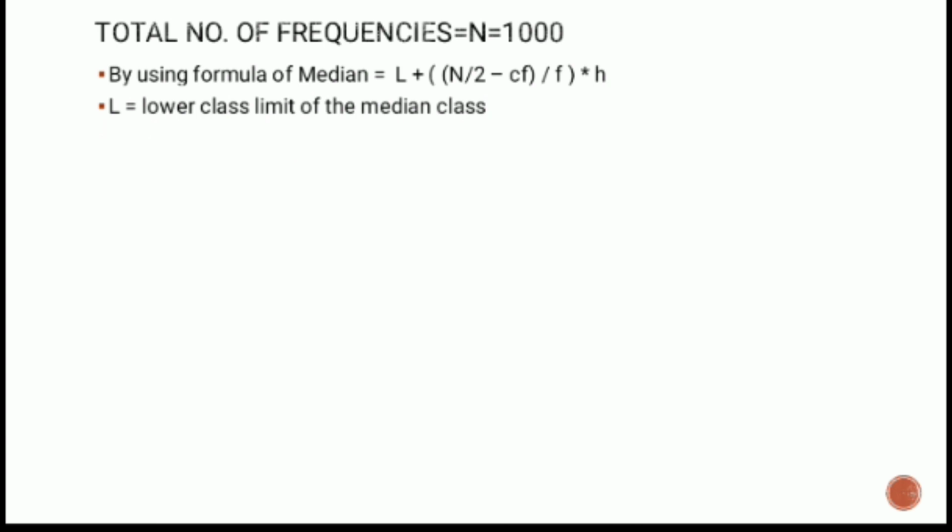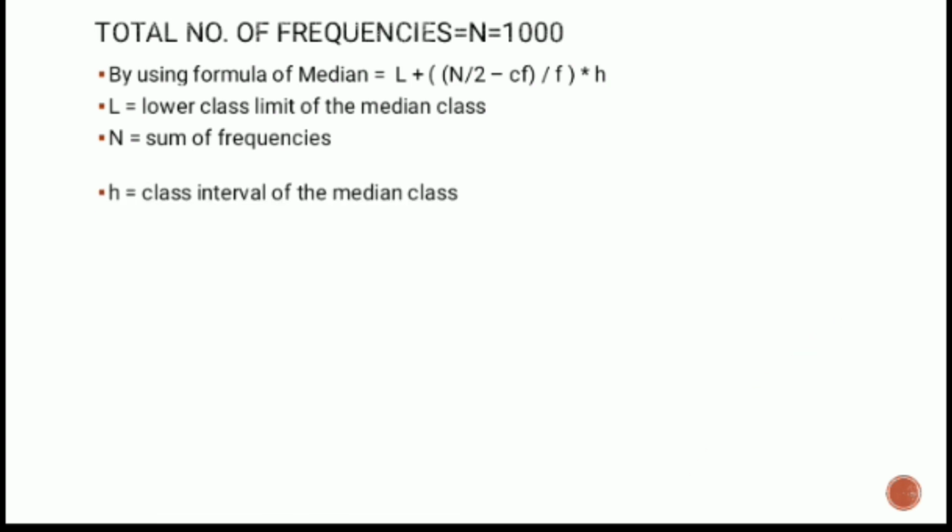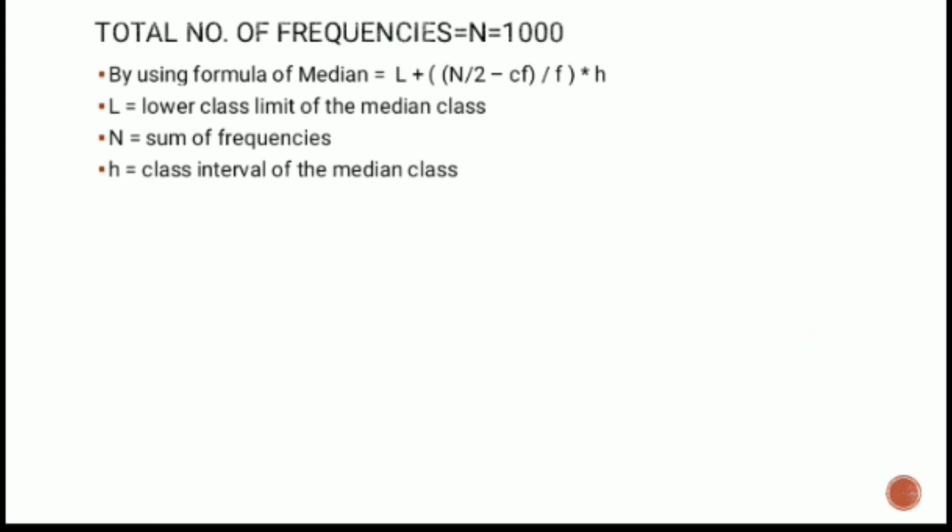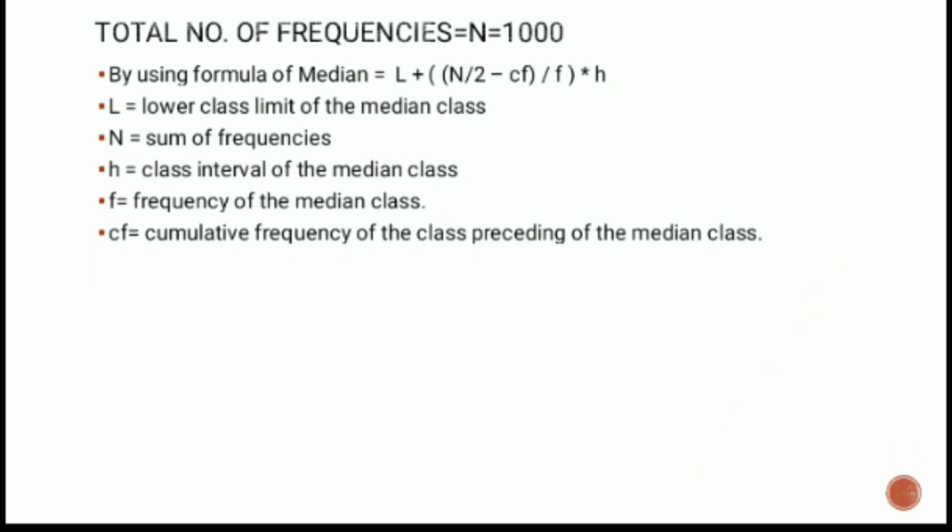L is the lower class limit of the median class, n is the sum of frequencies, h is the class interval of the median class, f is the frequency of the median class, and Cf is the cumulative frequency of the class preceding the median class.